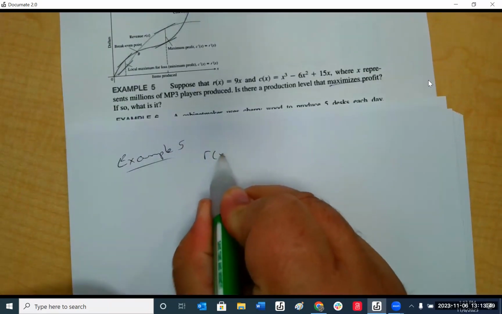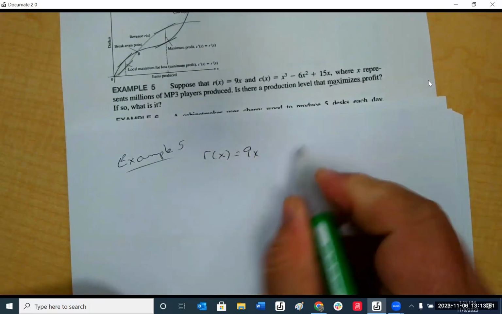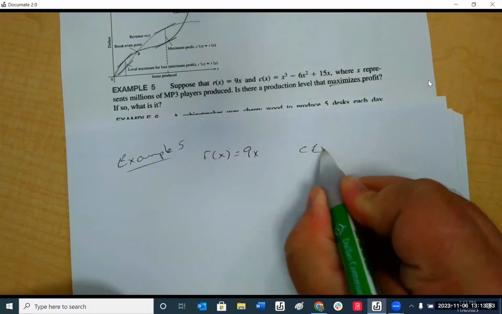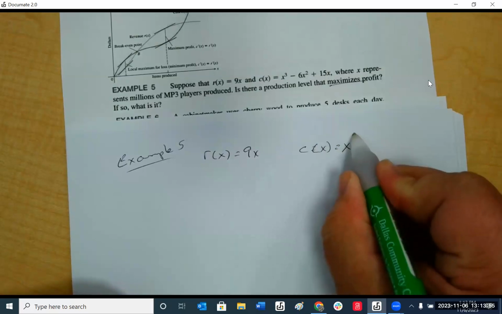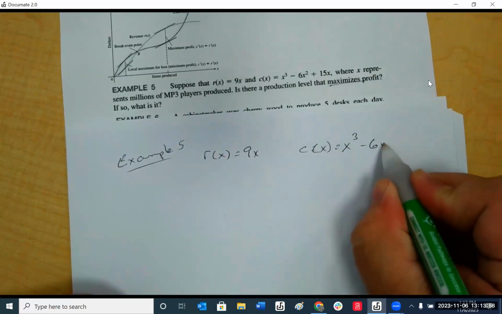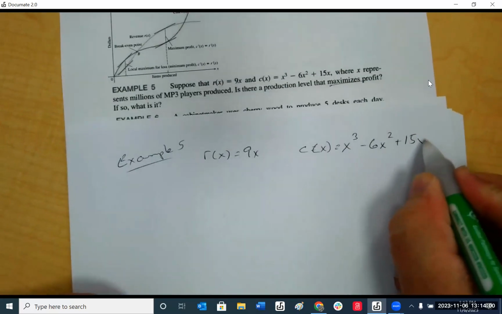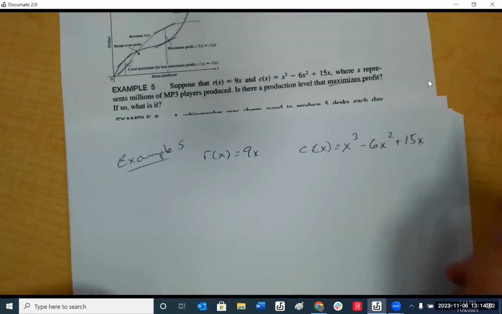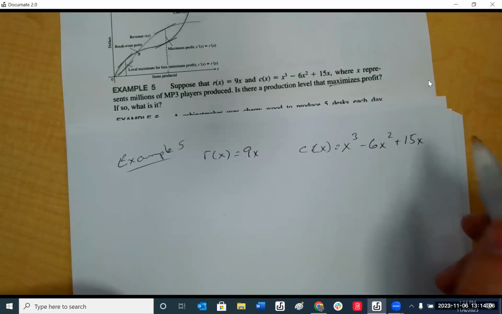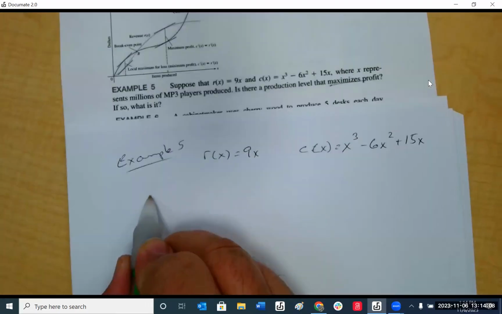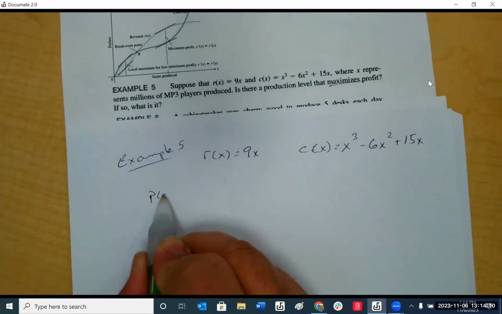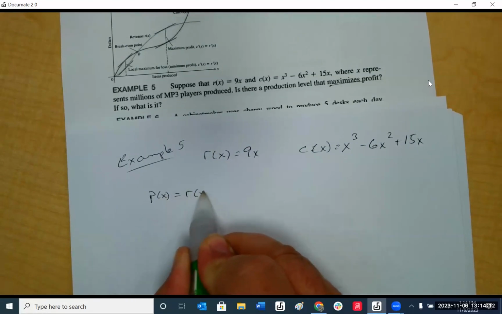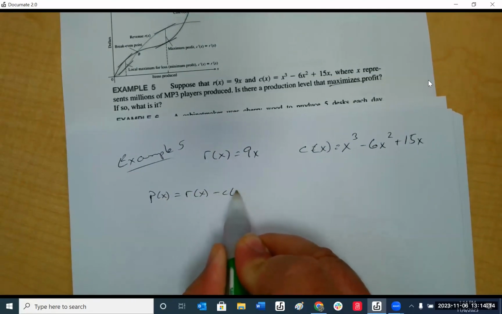The revenue equals 9x. Cost is x cubed minus 6x squared plus 15x. Is there a production level? So we're looking for profit, which is revenue minus cost.